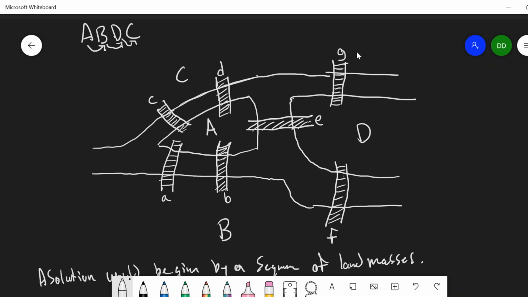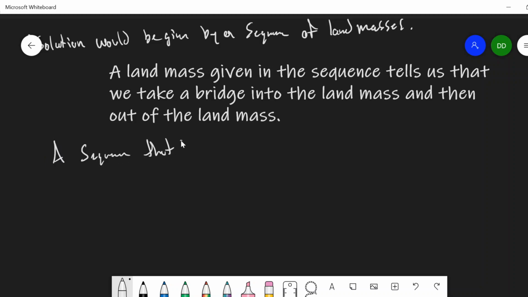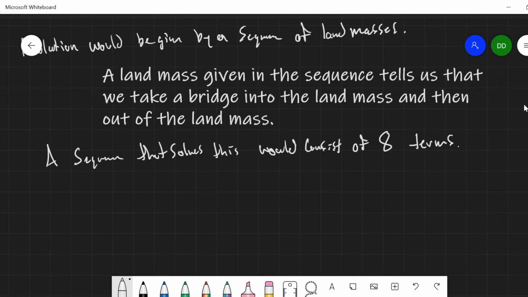Anyway, so Euler says, okay, if we want to cross each bridge exactly once, then a solution that solves this would consist of 8 terms, right? One for each landmass, and so there would be 7 bridges in total to get between landmasses.